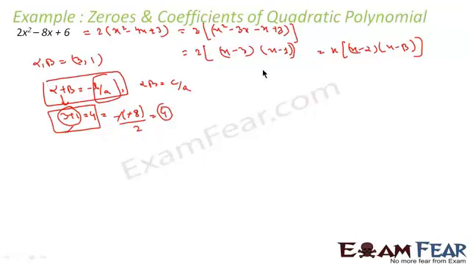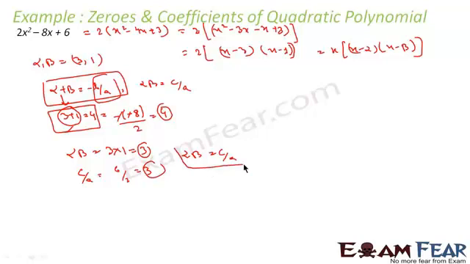Correct? Similarly for alpha beta is nothing but 3 into 1, that is 3, and c by a is nothing but 6 by 2, that is 3, and we can see that 3 is equal to 3. So we can say that alpha beta is equal to c by a. And thus here also we have proved that the formula which we have derived is correct.